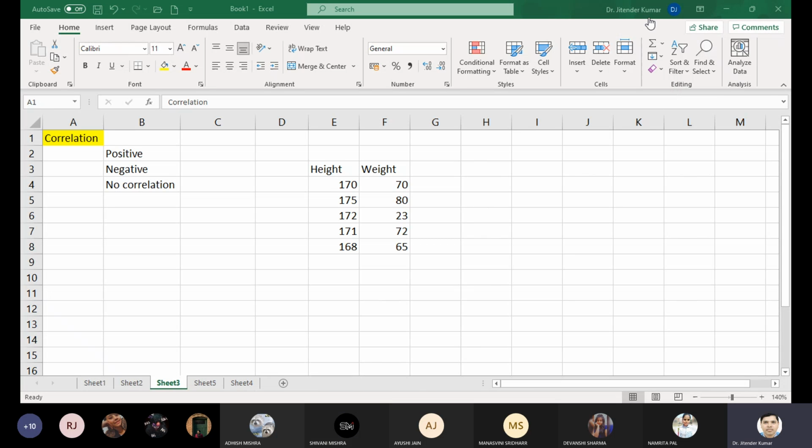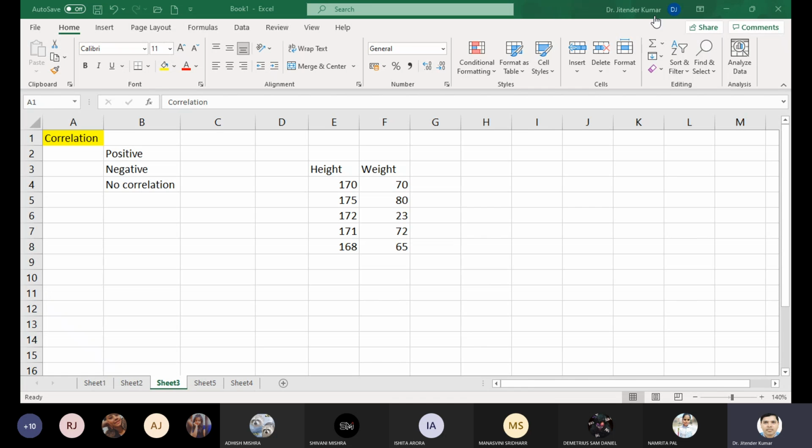So in statistics or in biostatistics, yes, Ishita, you want to say something? No, sir. Actually, I was just lowering my hand. Sorry, sir. Okay. It can also be said like interdependence between two variables. Interdependence. Okay.